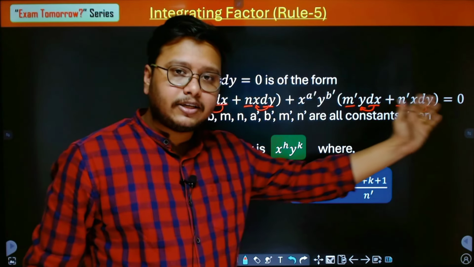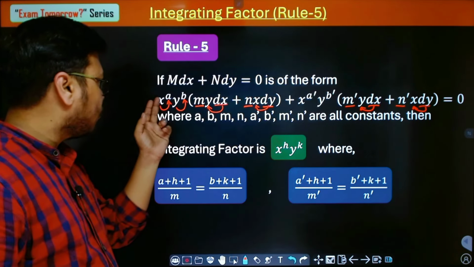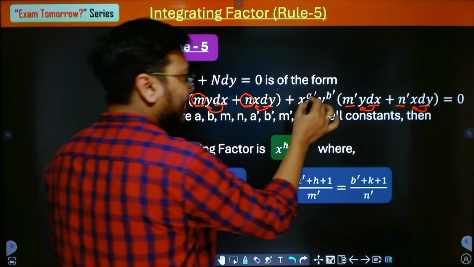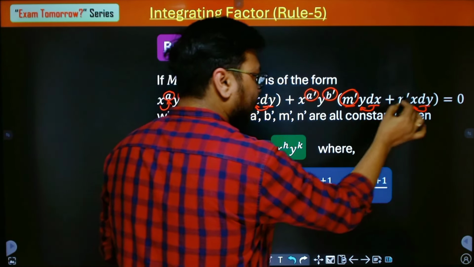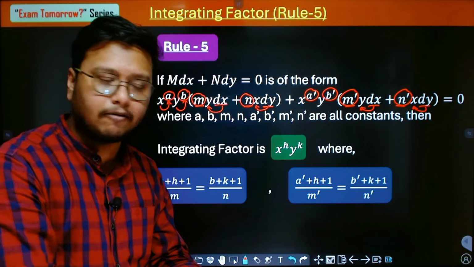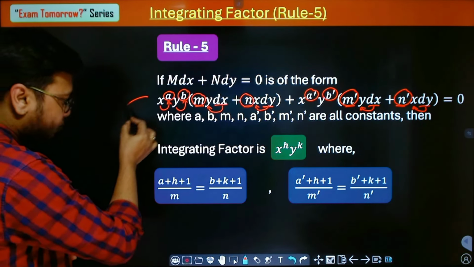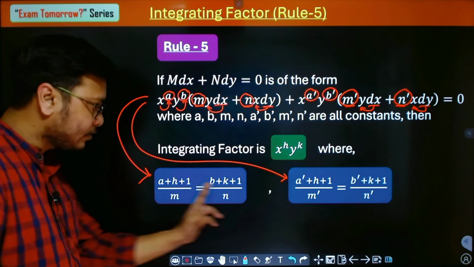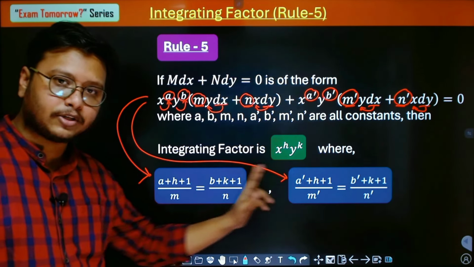Now when you have arranged it in this format, you will know what is your a value, b value, m value, n value, a dash value, b dash value, m dash value, n dash value. You will get to know these the moment you have arranged it in that format. Use these values and plug them into these two equations. Now you have to memorize these two equations also.